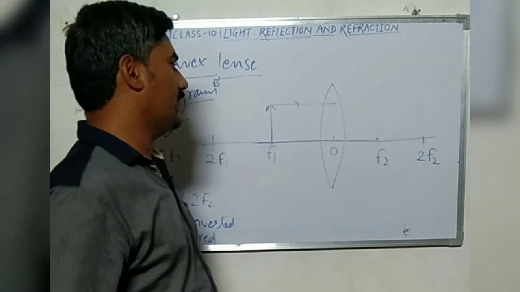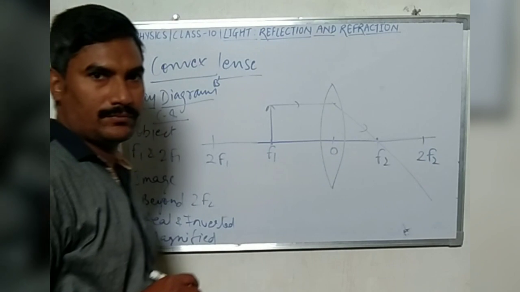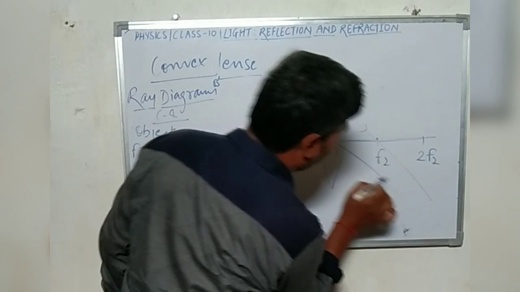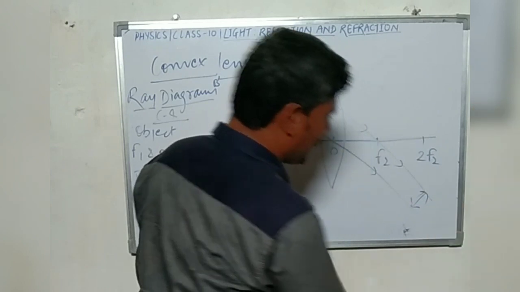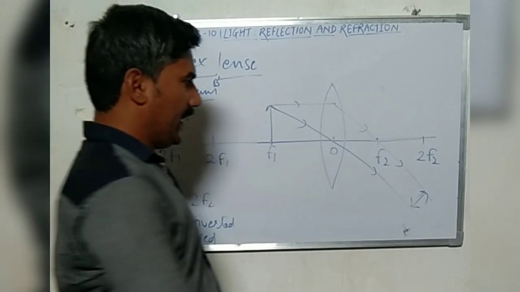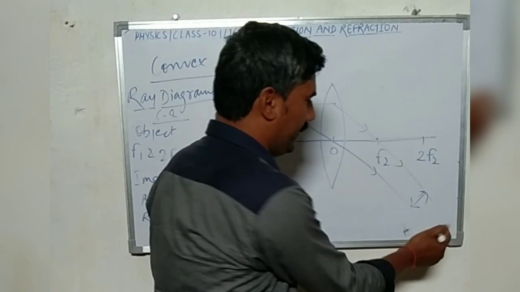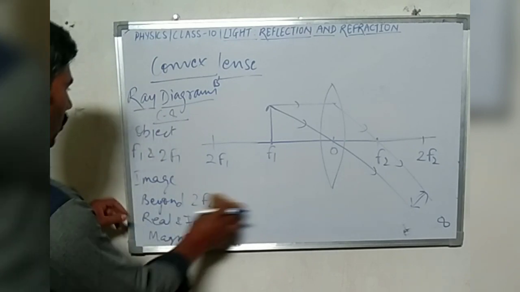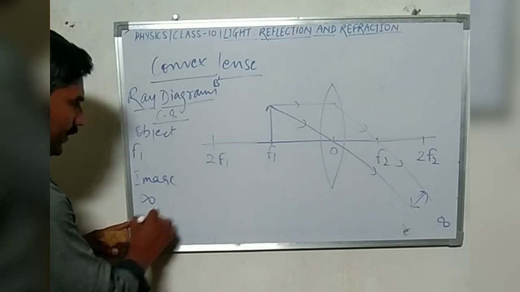Since it is a converging lens, it passes through F2, and the ray going through the optical center goes undeviated. You can see the rays coming after refraction are parallel to each other, and parallel rays always meet at infinity. So by this we can say the image formed will be at infinity.